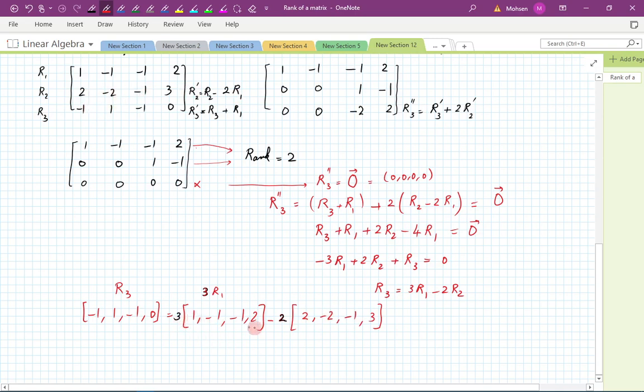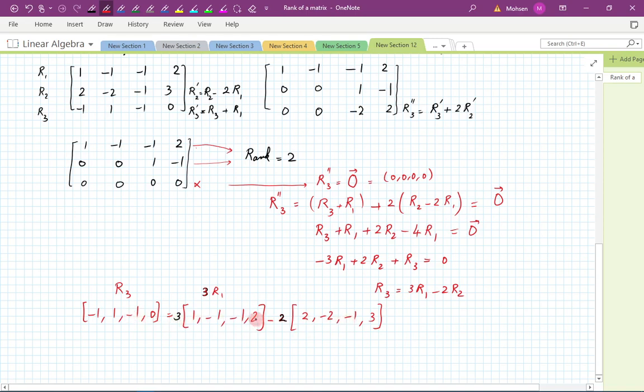Well, 3 times 1 minus 2 times 2, or 3 minus 4, is minus 1, right? 3 times minus 1 minus 2 times minus 2 is a 4. So if you add minus 3 to 4, you get 1. That's right. 3 times minus 1 minus 2 times minus 1, so it becomes minus 3 plus 2, and that's minus 1.